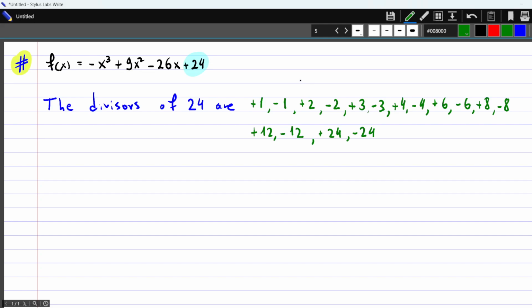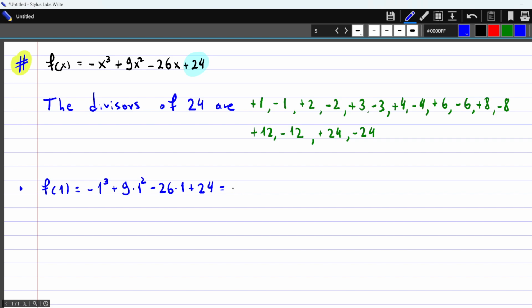So, here is where it gets a little bit tricky. We need to pick them one by one and check this. For example, we will pick the +1 first. We'll check f of 1. f of 1 is -1 on the third power, plus 9 times 1 squared, minus 26 times 1, plus 24.